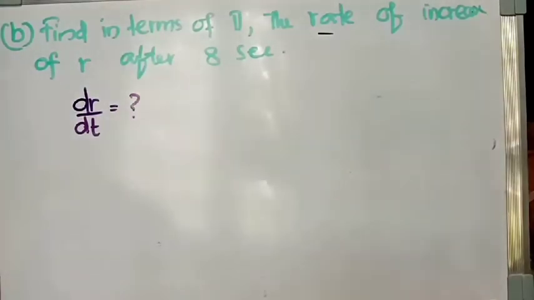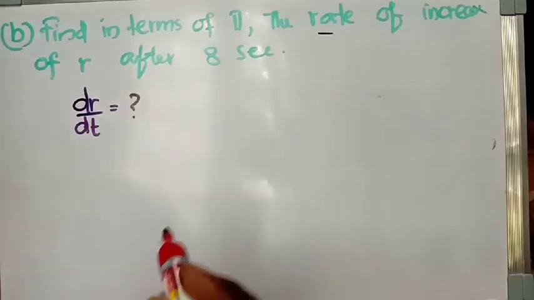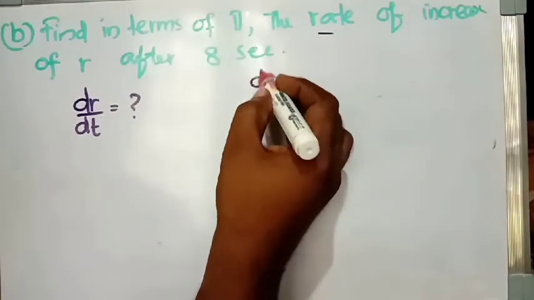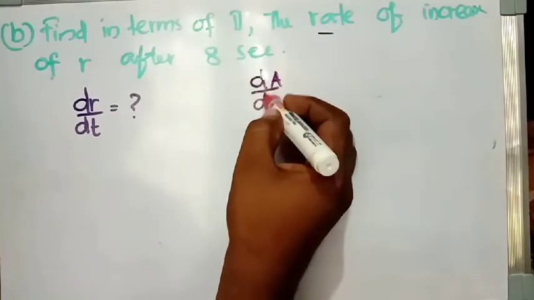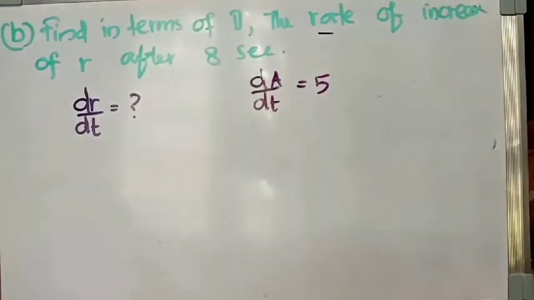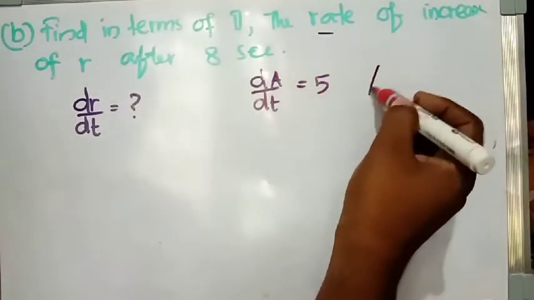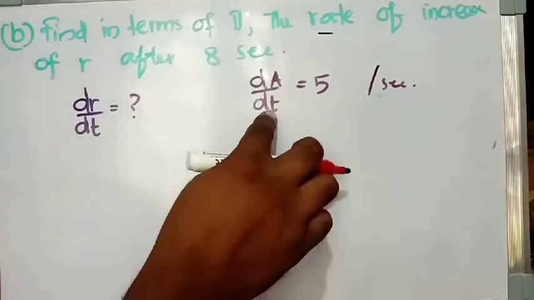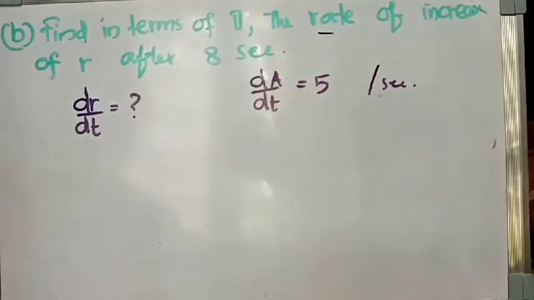Okay. In the question, it is mentioned that the rate of increase of area is 5. It's already mentioned in the question. Per second. That is dA by dt.